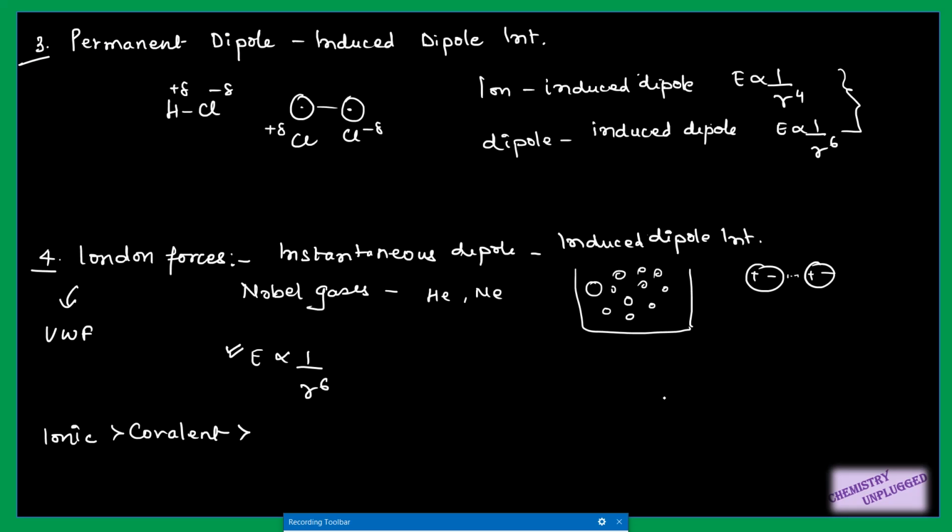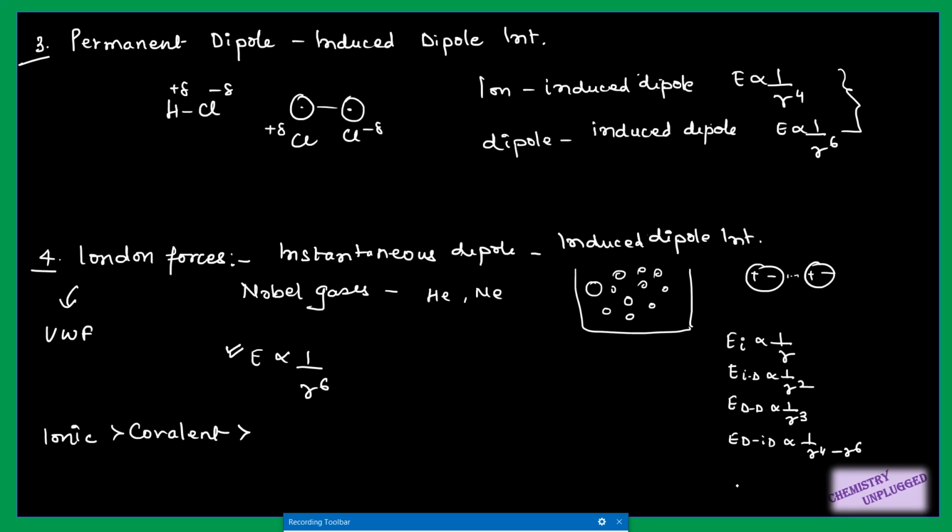You can write it this way: the energy of an ionic bond is inversely proportional to r, then the energy of ion-dipole interaction is inversely proportional to r square, then the energy of dipole-dipole interaction is inversely proportional to r cube, then next you have permanent dipole and induced dipole, which have a relationship from r4 to r6, depending upon whether you have interaction between ion and induced dipole or dipole and induced dipole, right?